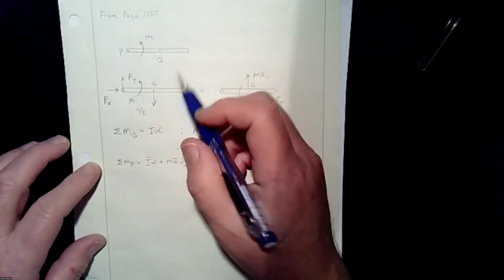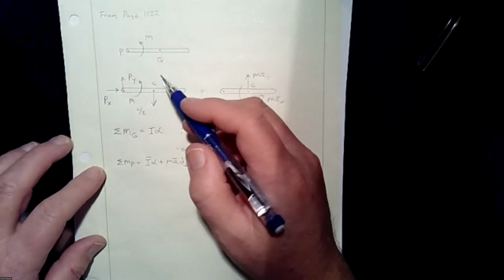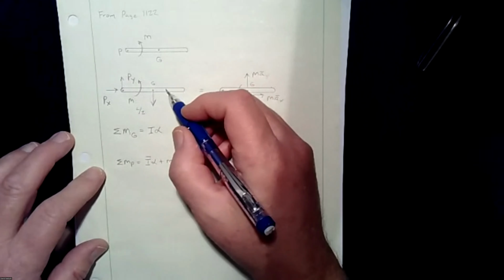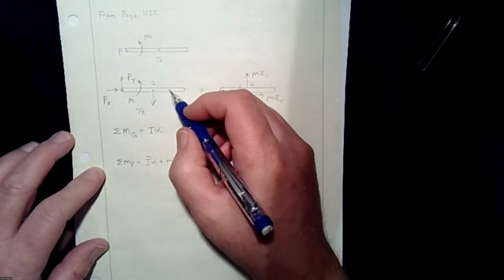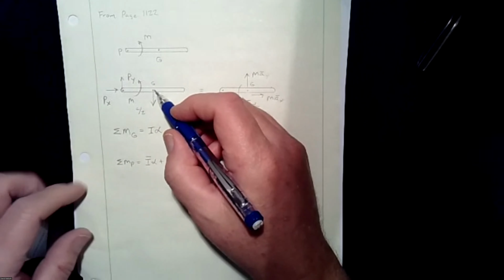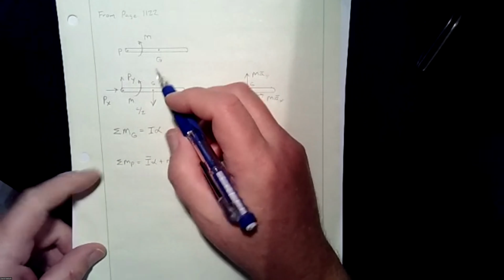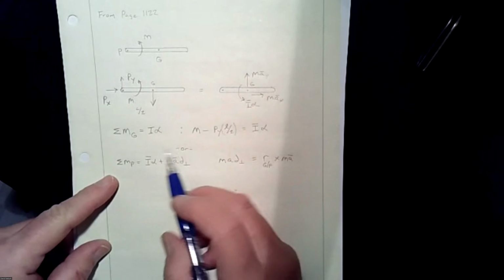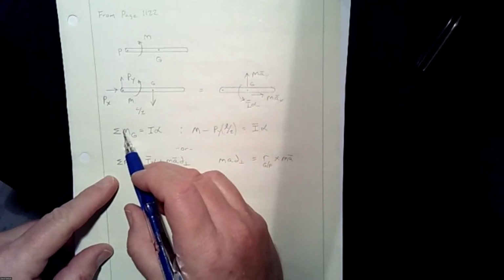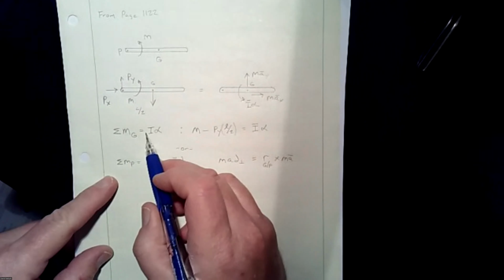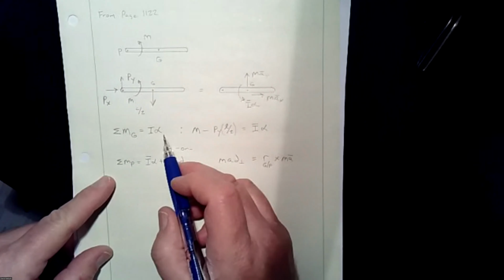Normally if we had a cylindrical rod, with center G, to calculate what was going on with it, it would just be the sum of the moments equals I alpha.